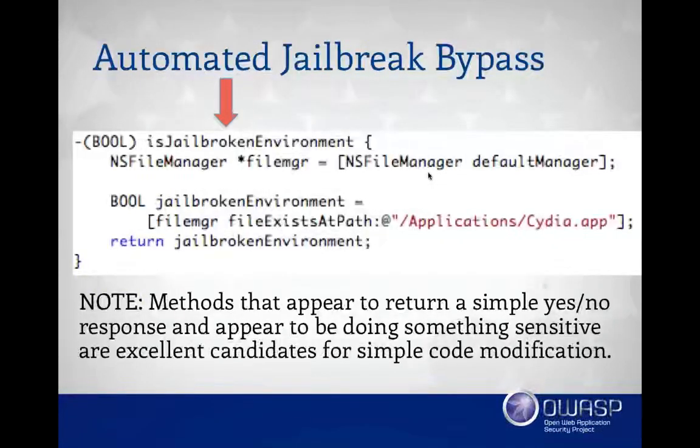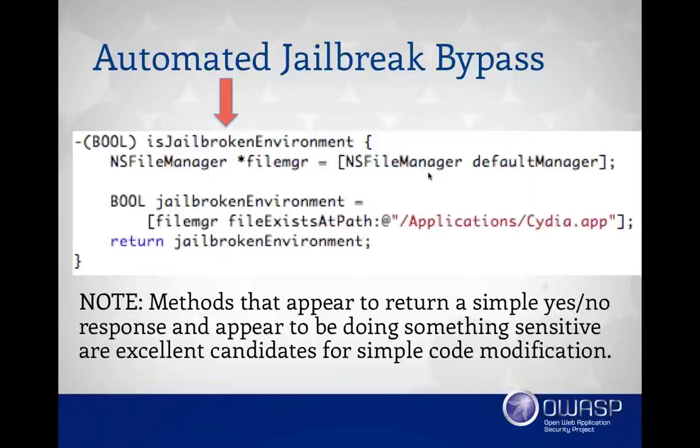Here's another one where we can ask: is it going to be easy to bypass your jailbreak detection algorithm? There's a number of different questions we can look at. First and foremost, you can look at the method prototype and say, is this a jailbreak detection algorithm? Is it returning a simple yes or no?